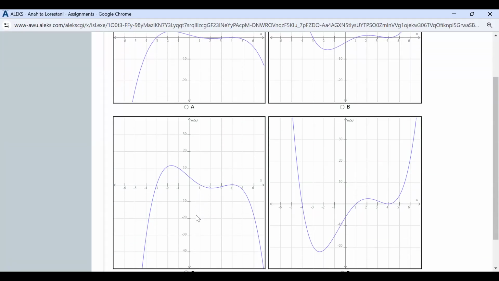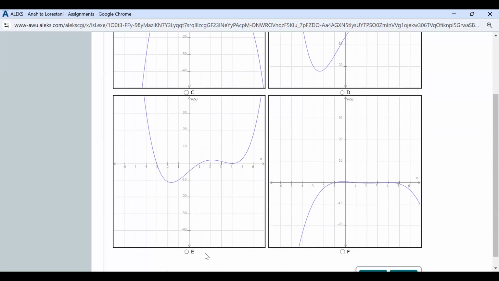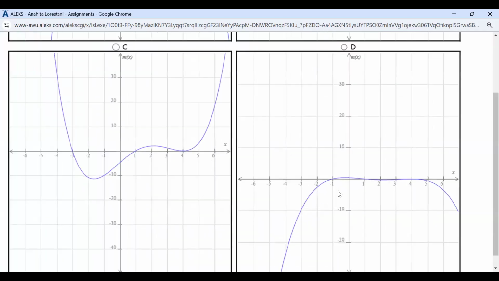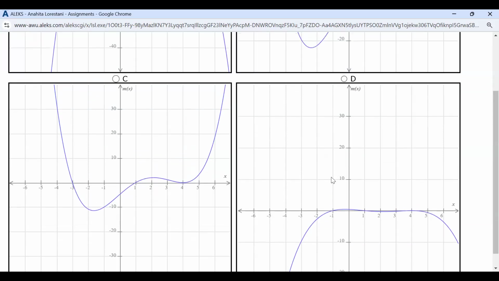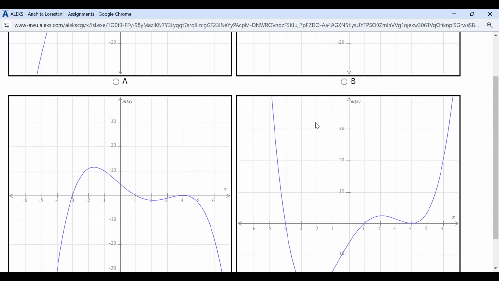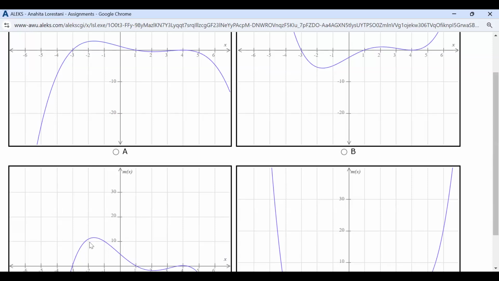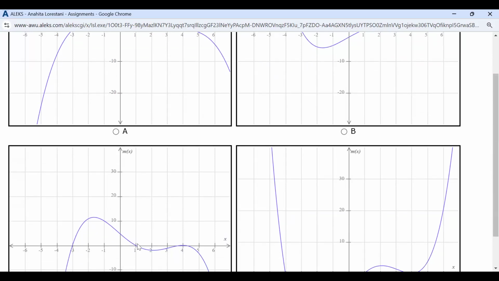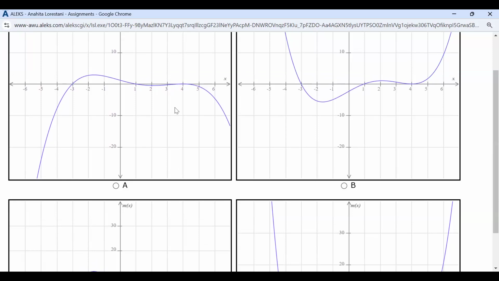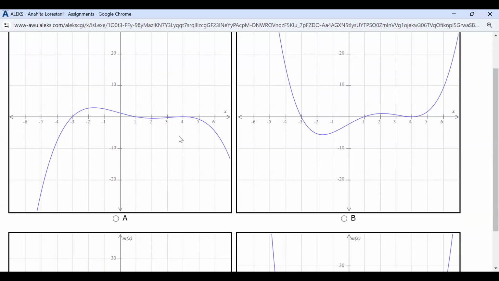And this one also has the same, and this one is not it, because you see the x-intercept is at -1, so that's not possible. So now we are down to these two, x-intercept -3, 1 and 4, and 1 and 4.